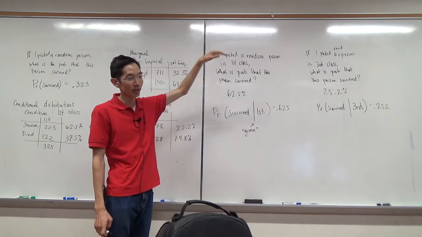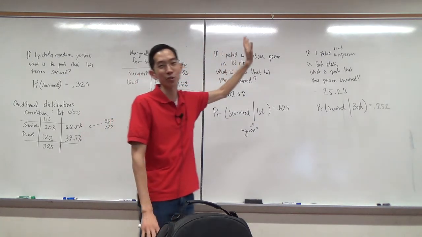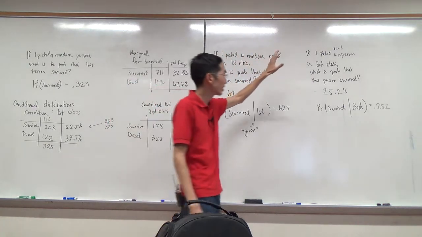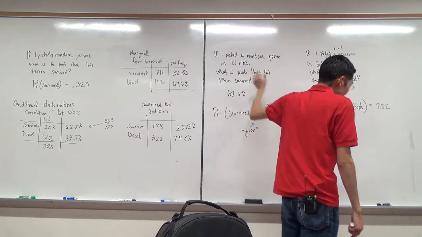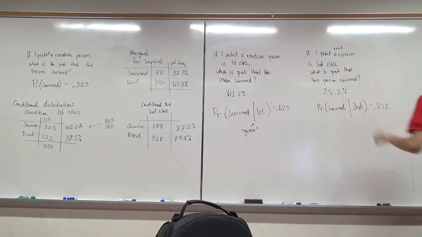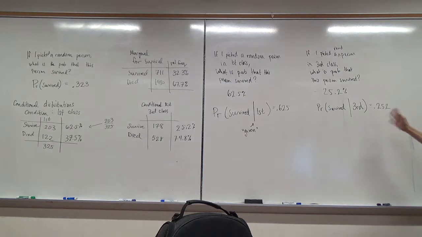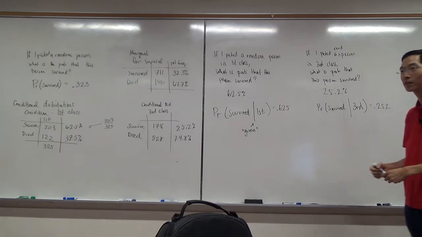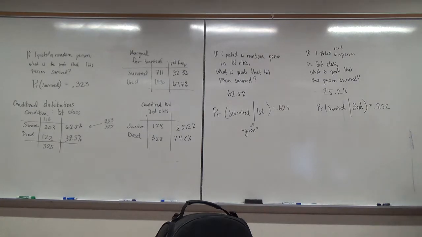That answer should be like 32%, or the overall survival percentage. And if I picked a random person in third class, what's the probability that this person survived? That answer would also be 32%, okay? Because in that case, class and survival have nothing to do with each other.